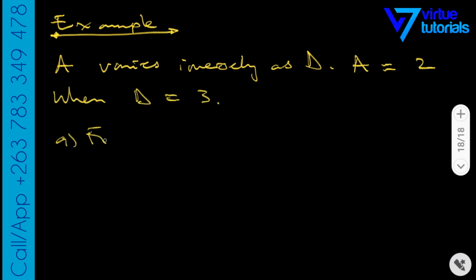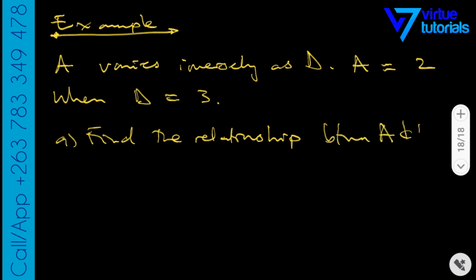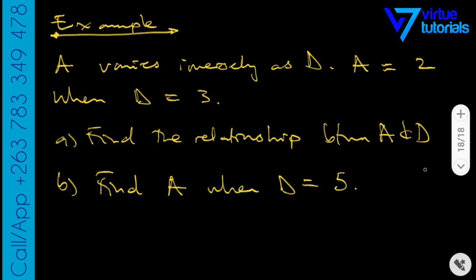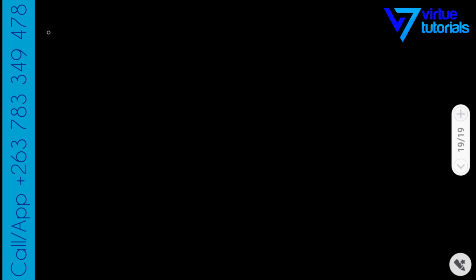A, find the relationship between A and D. B, find A when D is equal to 5. Okay, so let's do that.